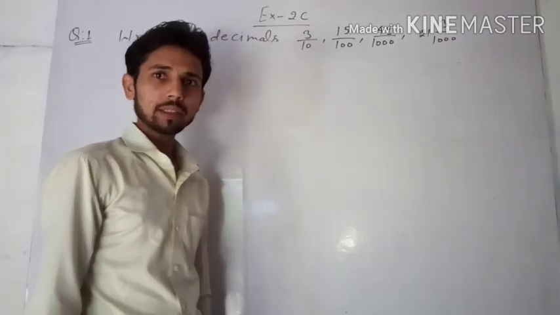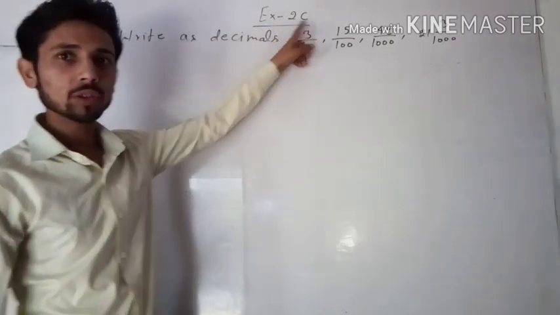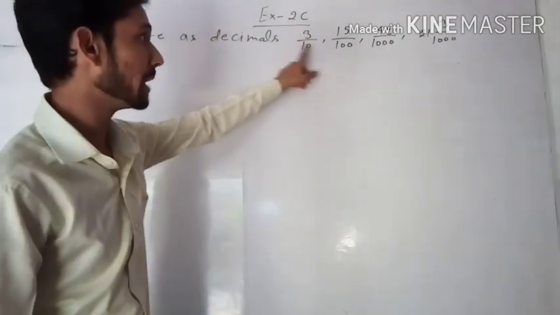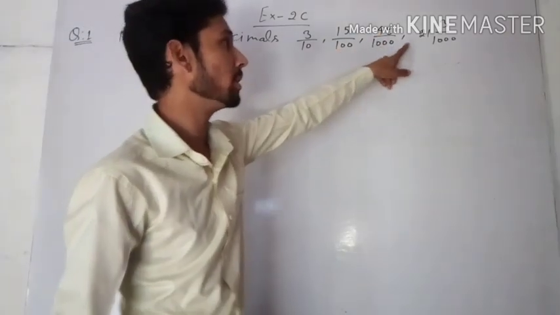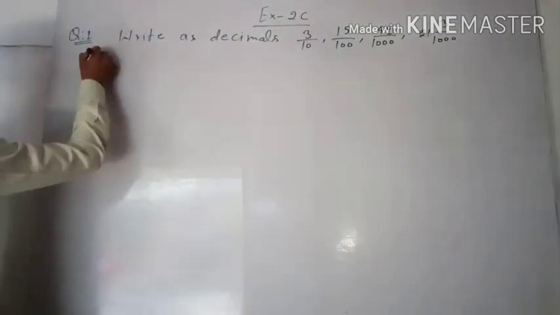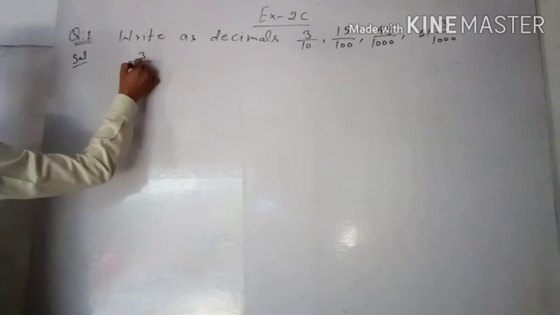So let me start the exercise. See question number 1. Write as decimals 3 upon 10, 15 upon 100, 49 upon 1000, 21 3 upon 1000. First, 3 upon 10.